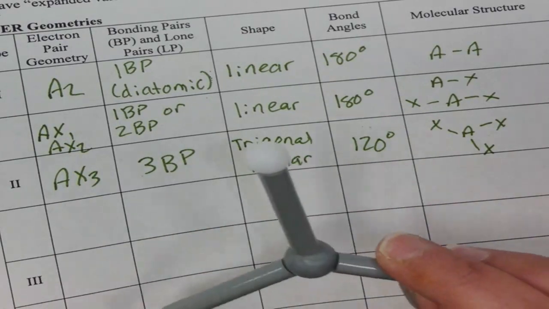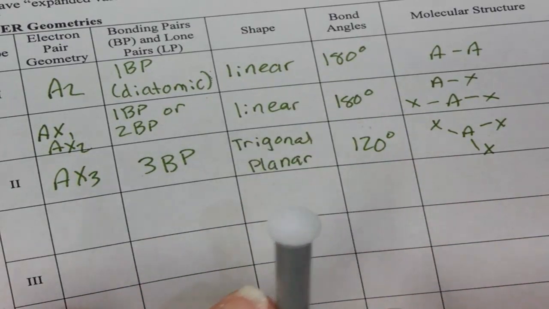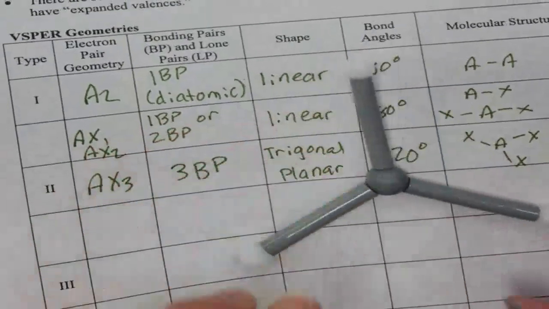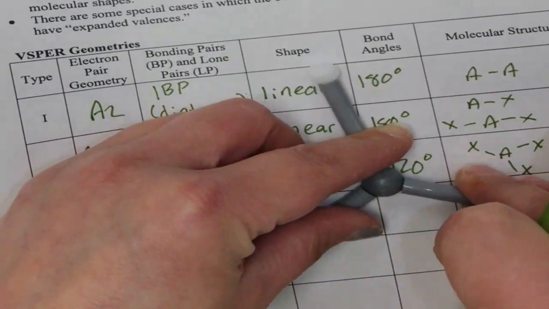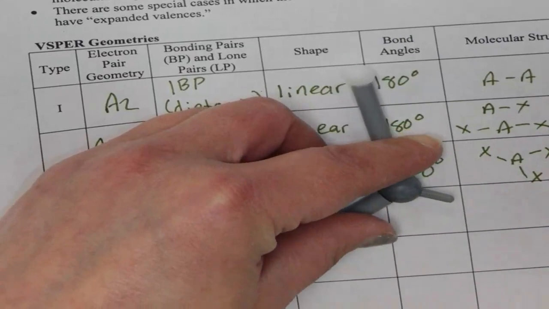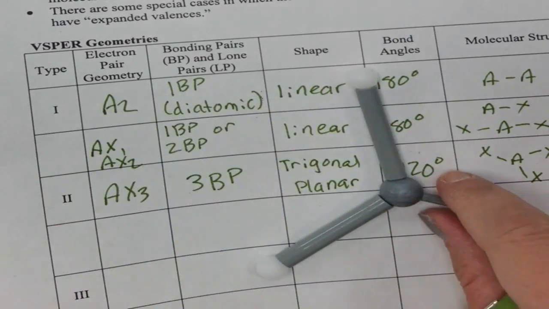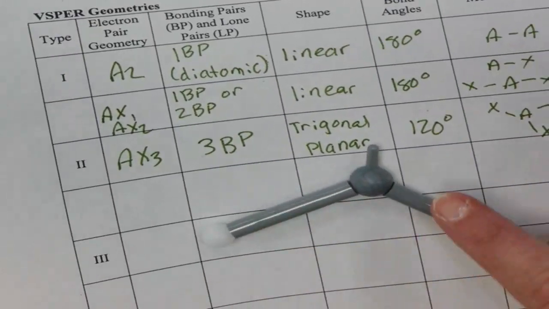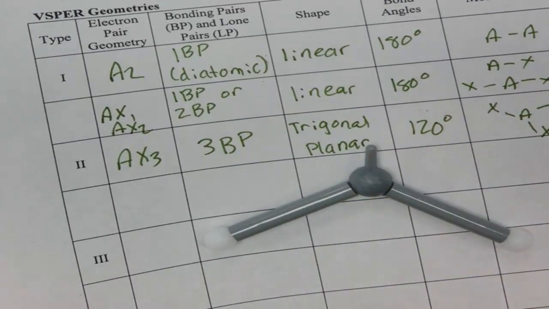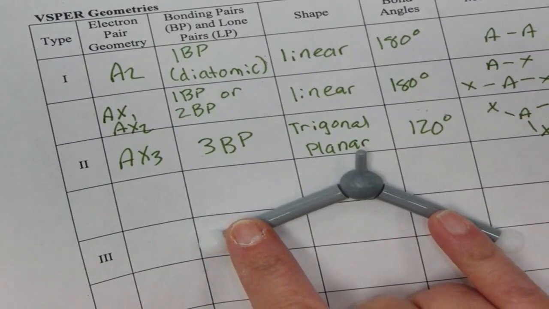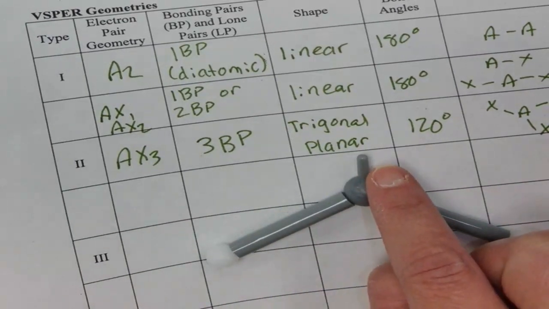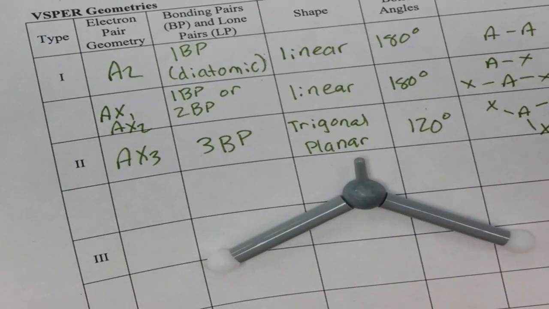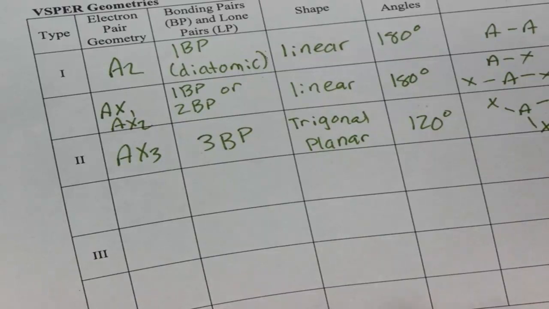Now, what if I take off one of these X's? So I take off one of these X's. What am I left with? I am now left with three things around the central atom. Two of them are bonding pairs, and this is a lone pair.